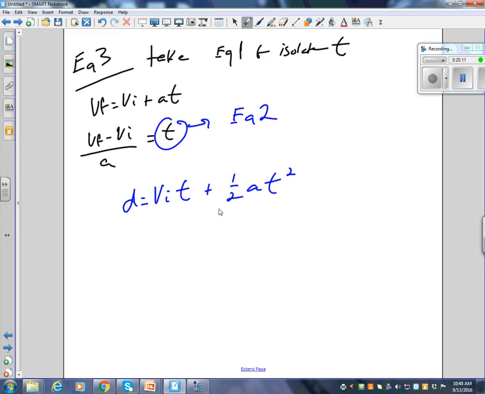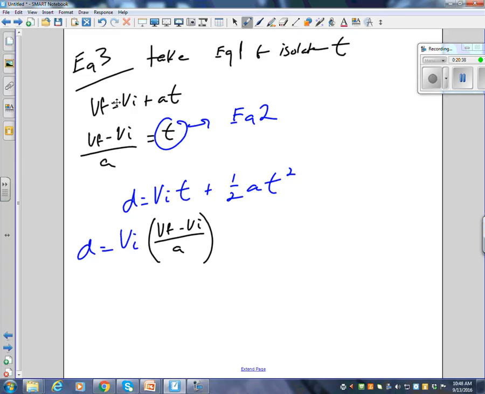Okay, so what I'm going to do is write the T in black. So in blue, I'm going to write D equals VI, and then this goes in for the T in black: VF minus VI all over A. Everybody see what I did?